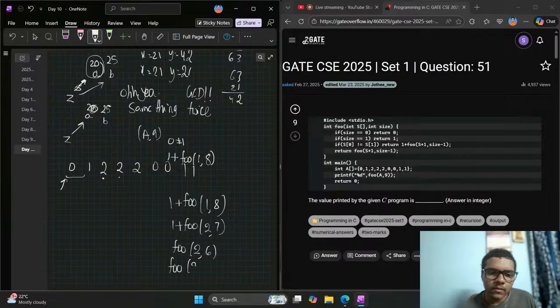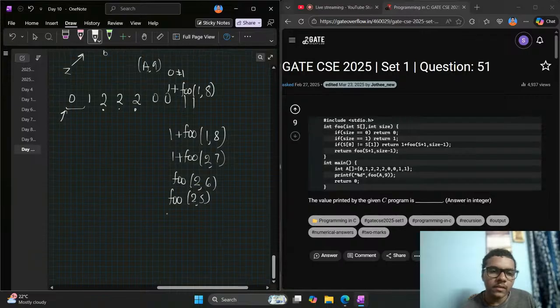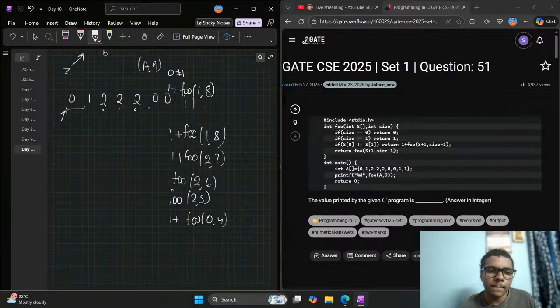And it returns 4 of 2 comma 5. Now the pointer is here. Now 2 and 0 are not equal, so it returns 0 comma 4. Now the pointer is here. Now it returns 0 comma 3. Now 0 and 1 are not equal, so it returns 1 comma 1 comma 2.